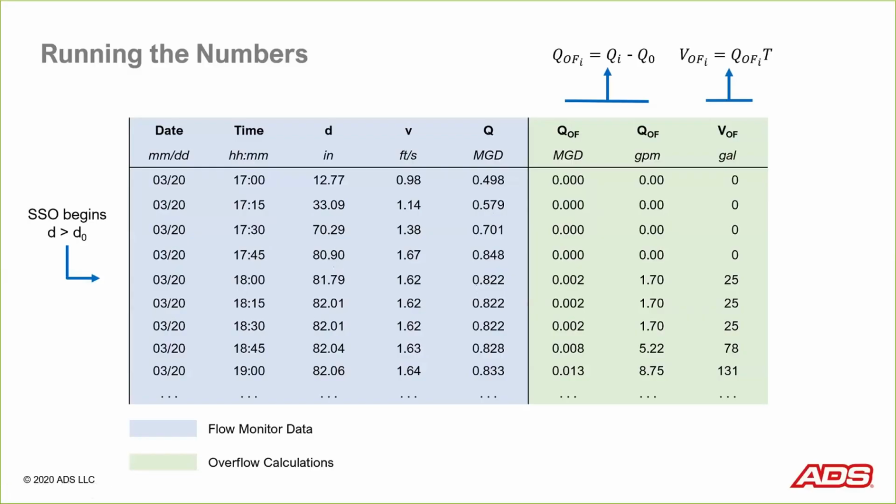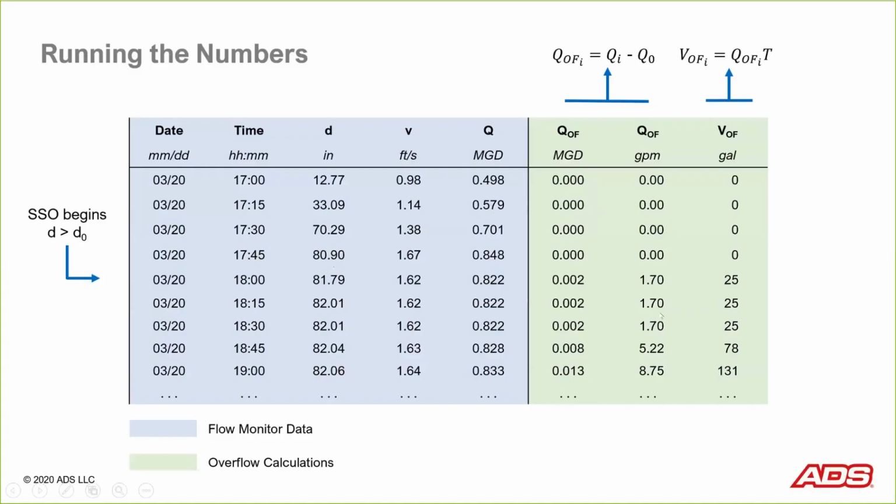I can tell you for this example, the flow rate at the onset of overflow was equal to 0.82 million gallons per day. That's why in this first row of the overflow, you see we take 0.822 minus 0.82, and that gives us 0.002 million gallons per day of overflow flow rate for that time step.